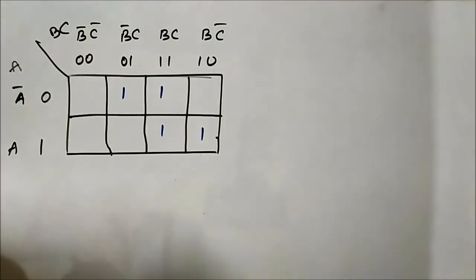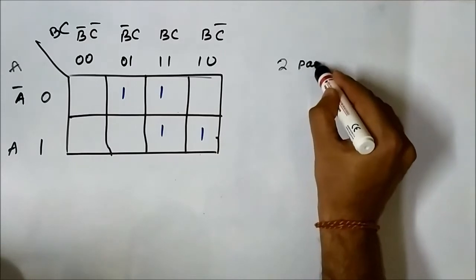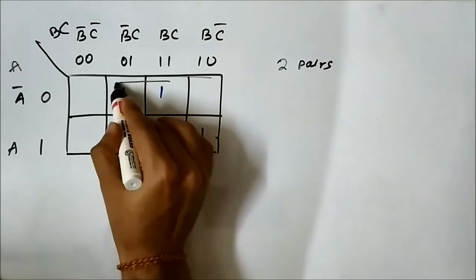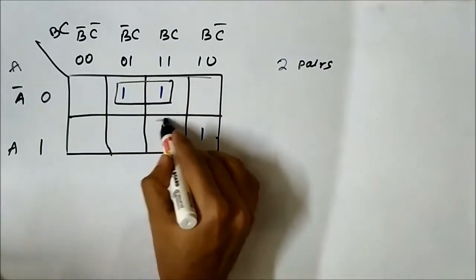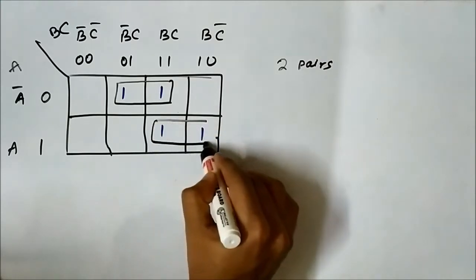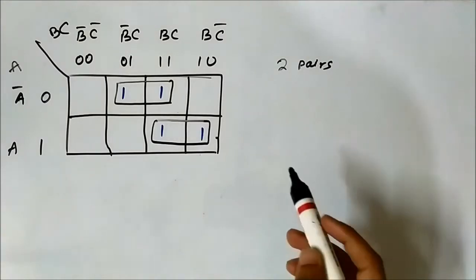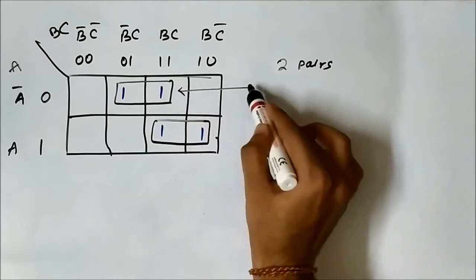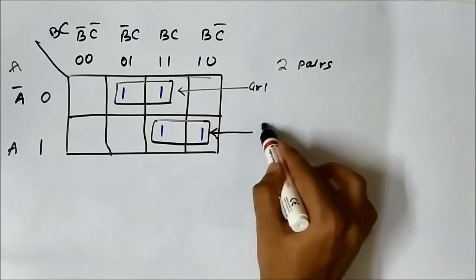So here we can form two pairs. One is this, another one is this, like this. See, two pairs are formed. This is group 1, which is a pair, and this is group 2.